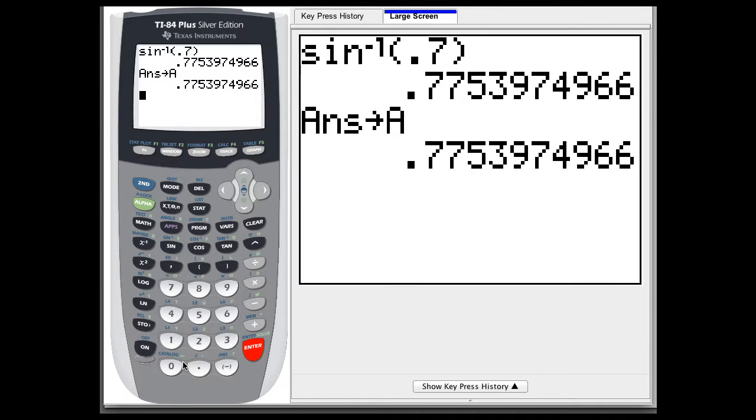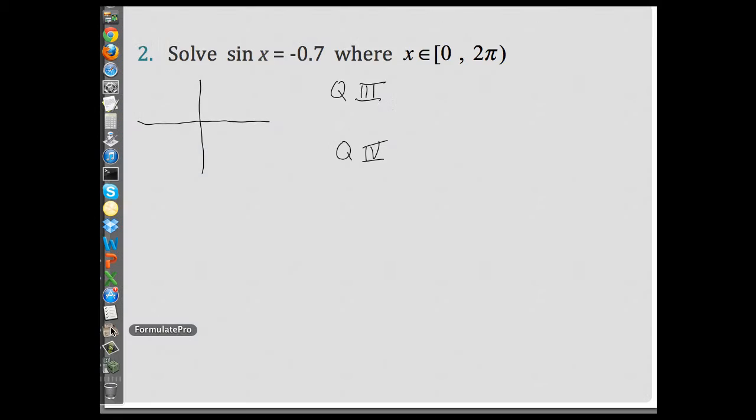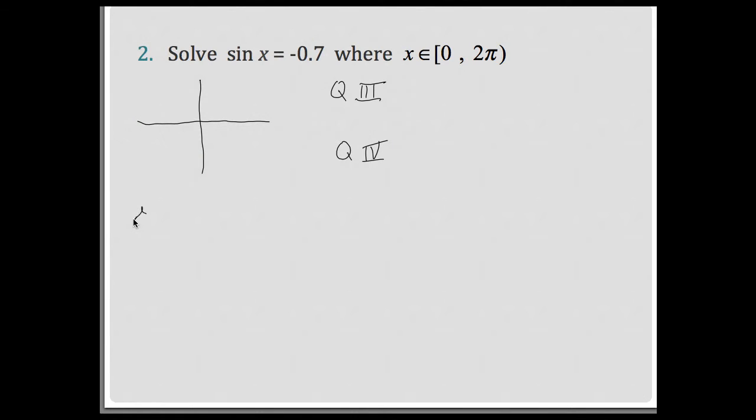There we go. So our reference angle then is 0.775 radians. Let's do our third quadrant answer first.